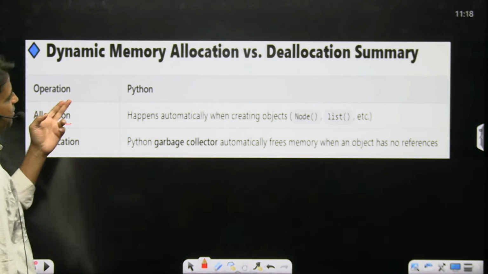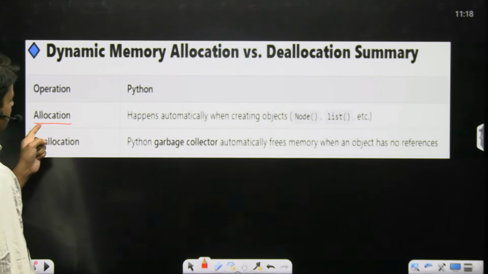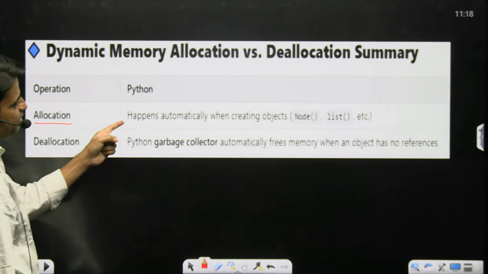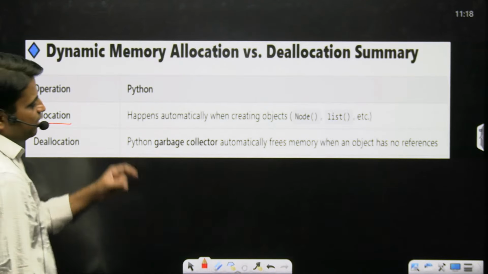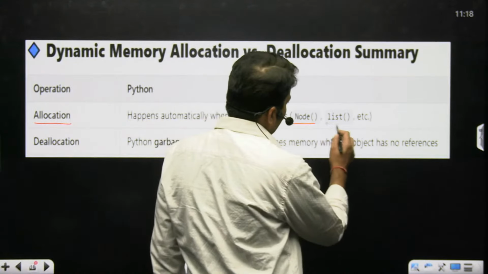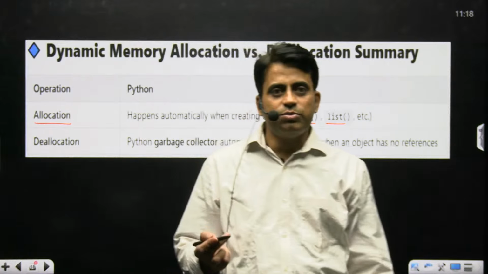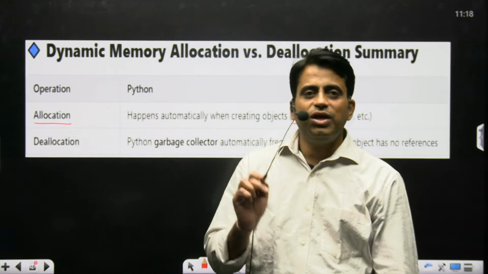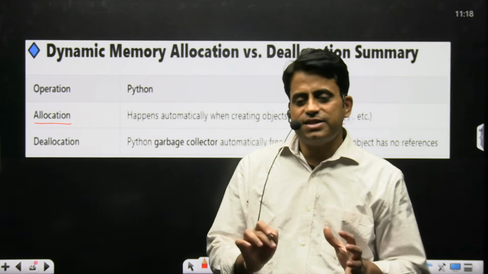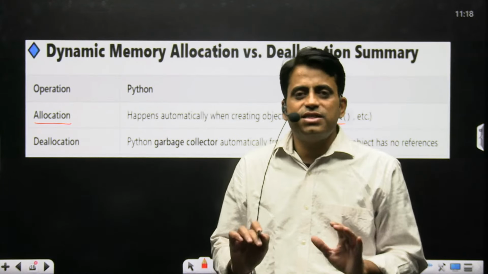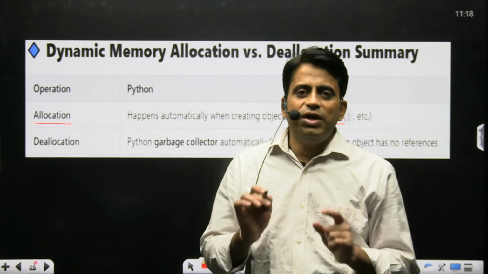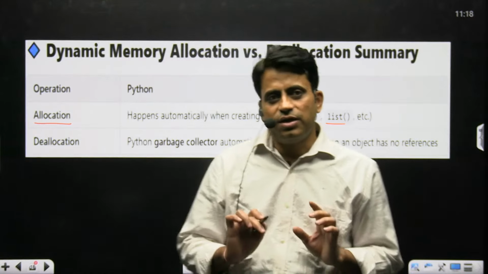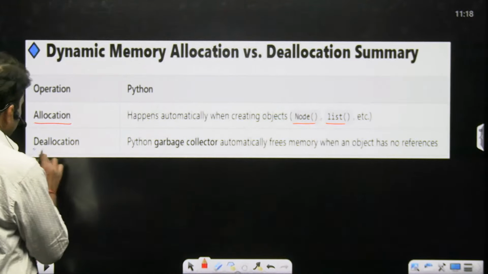So, dynamic memory allocation and deallocation summary. Allocation happens automatically when creating an object. When you create node and list objects, memory is automatically allocated. No need to write explicitly, like malloc, calloc, realloc in C programming. Now second, deallocation.